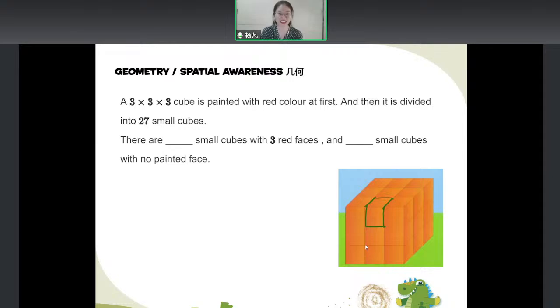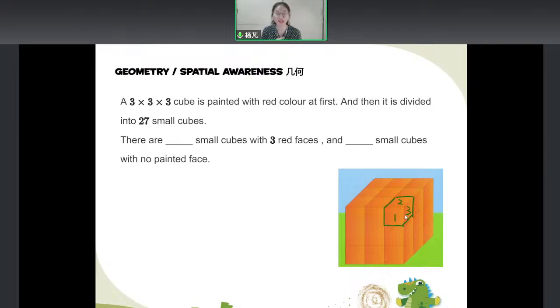Absolutely not. It only has 2 faces painted red. So where is the cube with 3 painted faces? Yes, it's here, at the corner. We can see the front, the top and the right; these 3 faces are painted red.